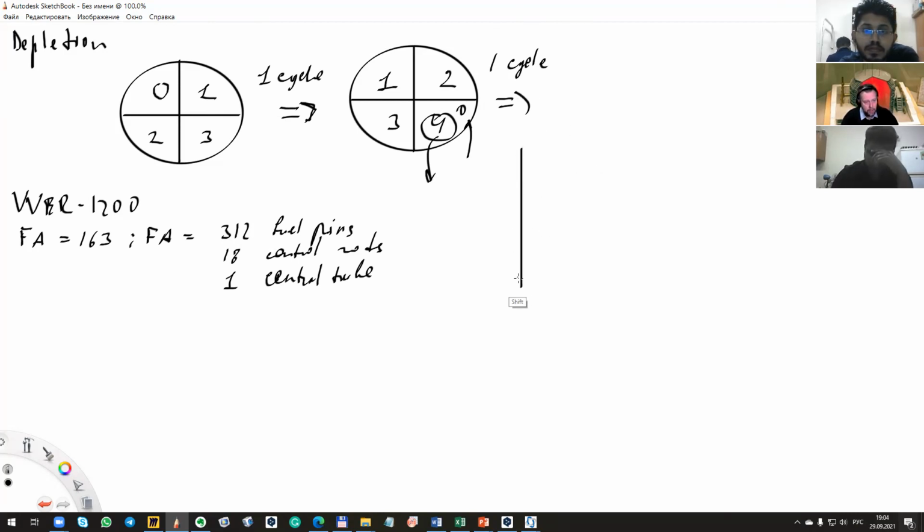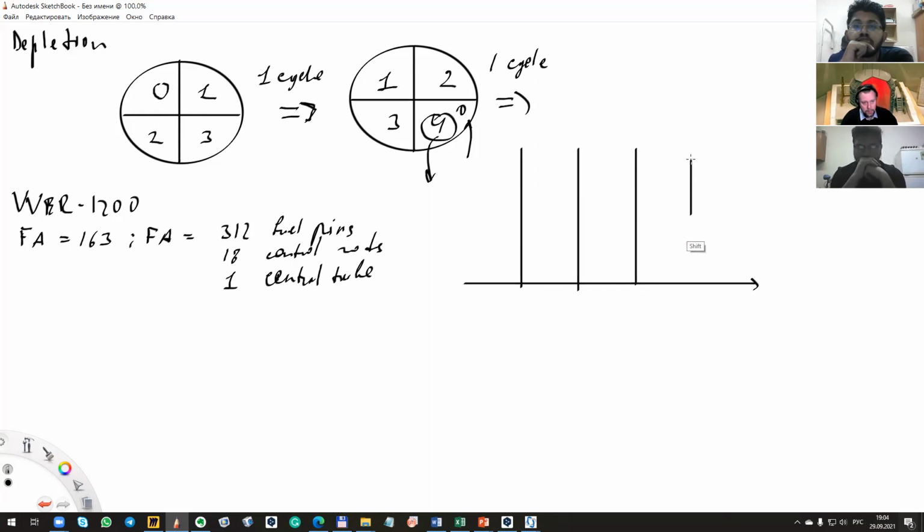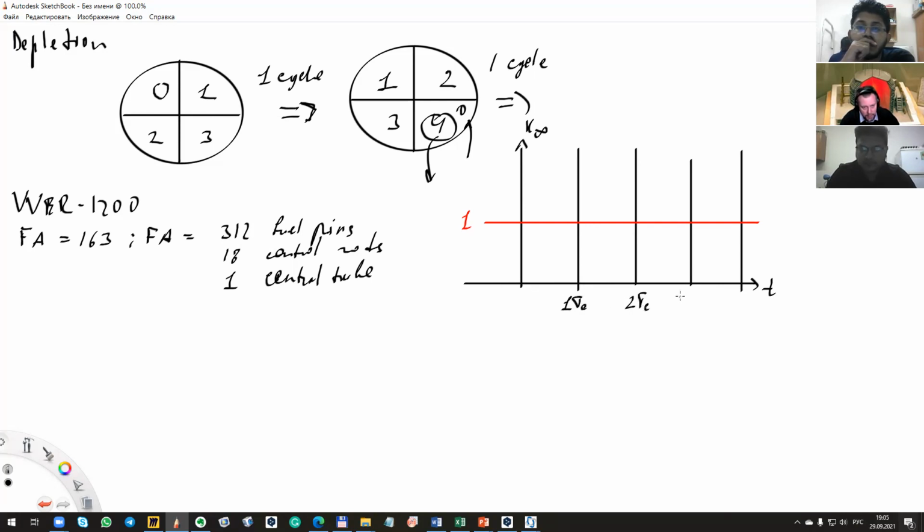Let's look at this cycle 1, 2, 3, 4. I try to draw the dependencies of K-infinity of each fuel assembly through time. This is the length of cycle 1, cycle 2, 3, and 4.